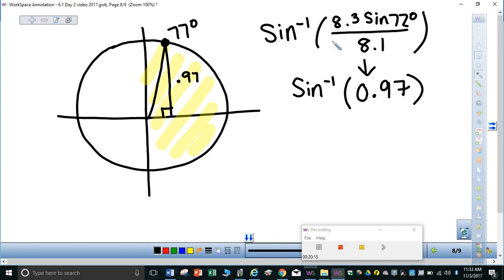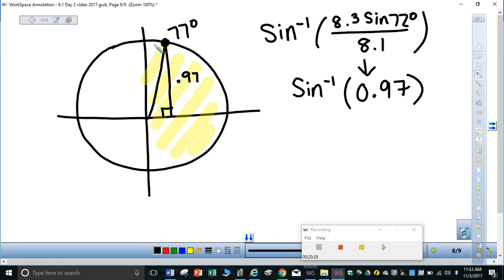So what we were really doing in the calculator is finding what angle has a sine of 0.97. And if you look at the picture here, sine is the y value, the height of our triangle. It's pretty close to the y-axis because it's almost equal to 1. 77 degrees, we can see here, has a sine value of 0.97.